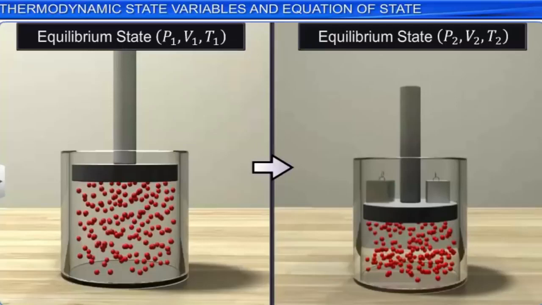As the name suggests, state variables of a system depend only on the state of the system, and they do not depend on the path through which the system is taken to attain this state.